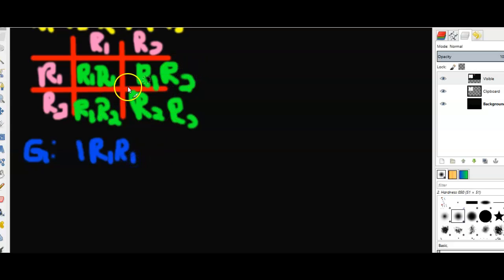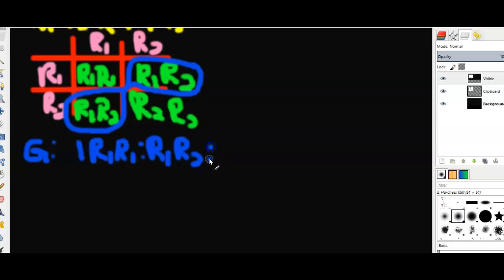We have 2, right here, R1 R2, and we have 1 R2 R2.